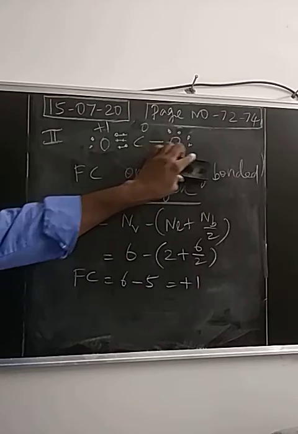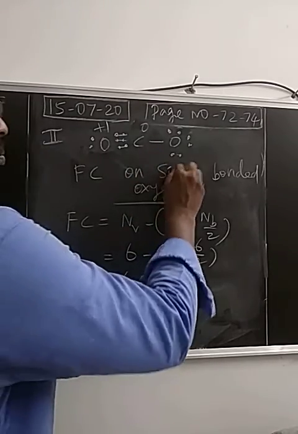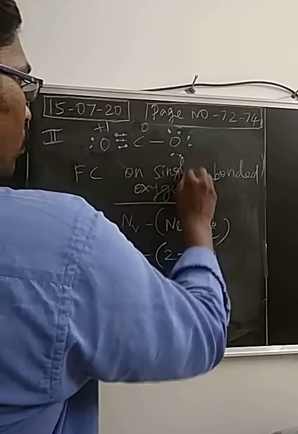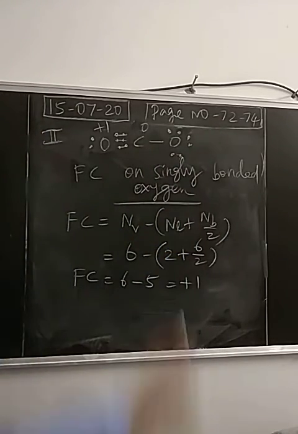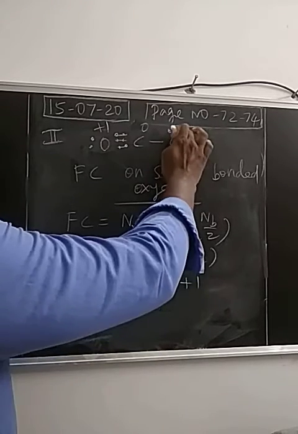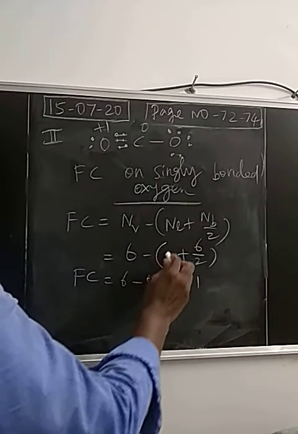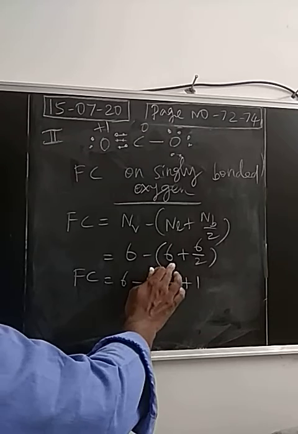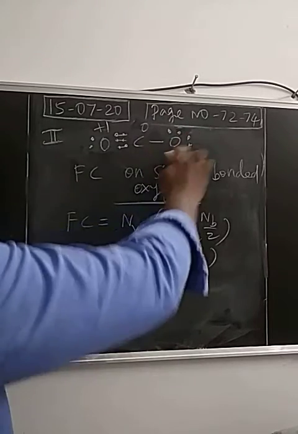Next, formal charge on singly bonded oxygen. That means this oxygen is bonded with the carbon by a single bond. So the same formula. Calculate the number of electrons present as lone pair: 2, 4, 6. So here totally 6 electrons present as lone pair. In its isolated state, oxygen has valence electron 6 in the second shell.